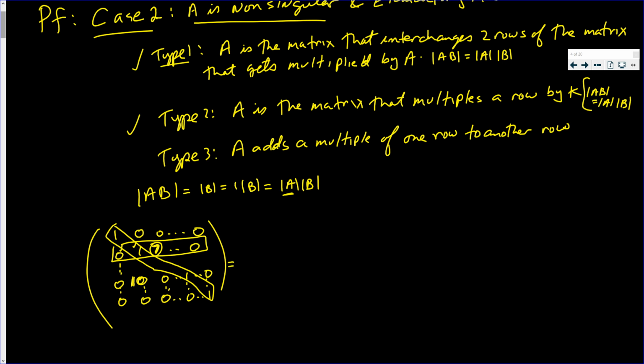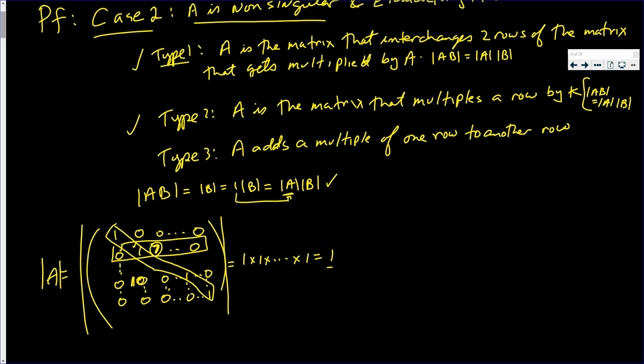Either way, its determinant is the product of the entries along the diagonal, which is 1. That matrix is A, and the determinant of A is 1. So instead of 1, I put the determinant of A, and I have it.